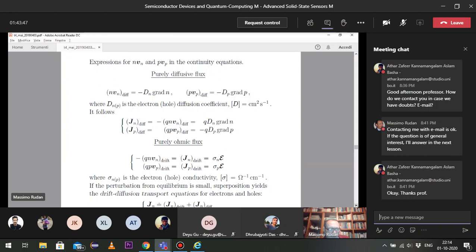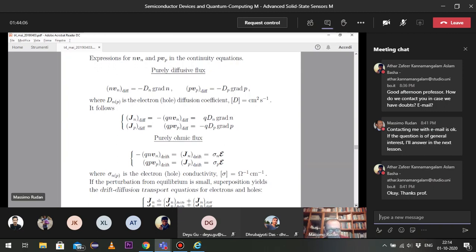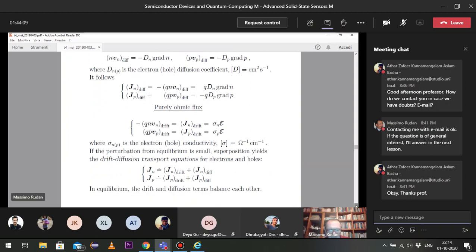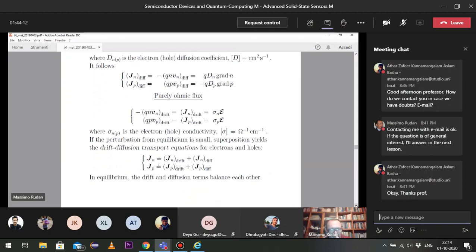If the problem is not too far from equilibrium, it can be demonstrated that we can simply add the two effects together. So we can use the superposition principle, okay? So in this case, the global expression of the current density for the electrons is equal to the sum of the two terms, drift term and diffusion term, okay?